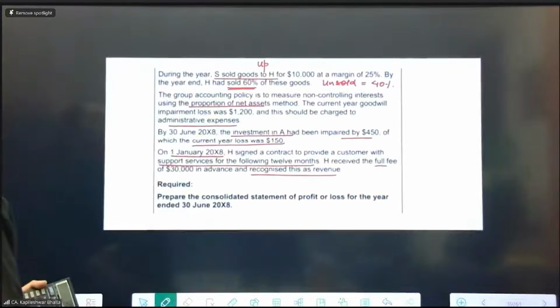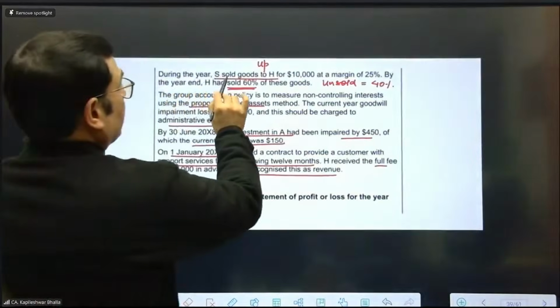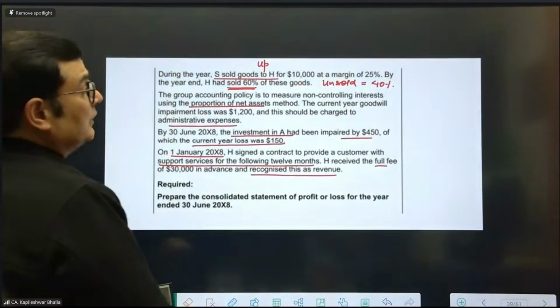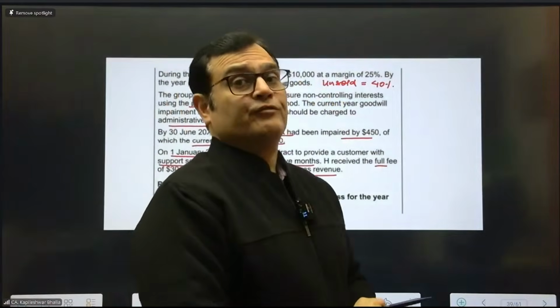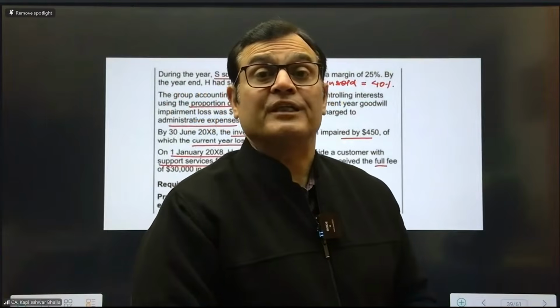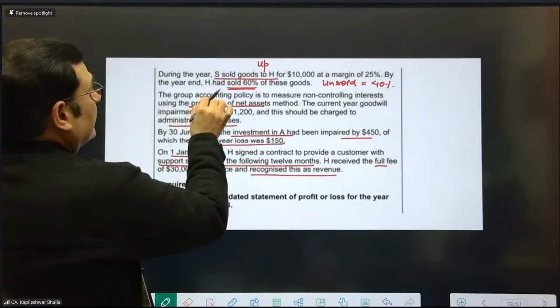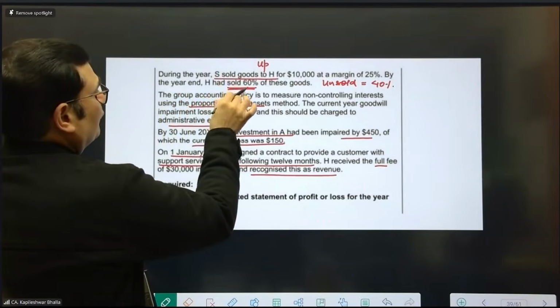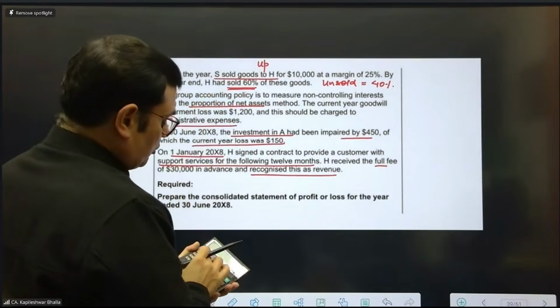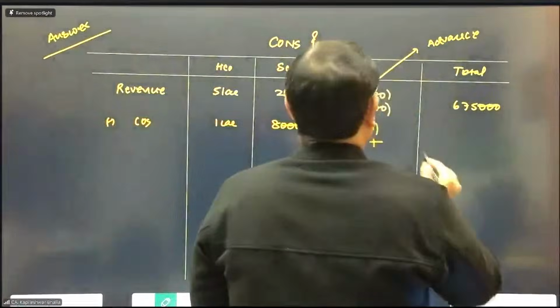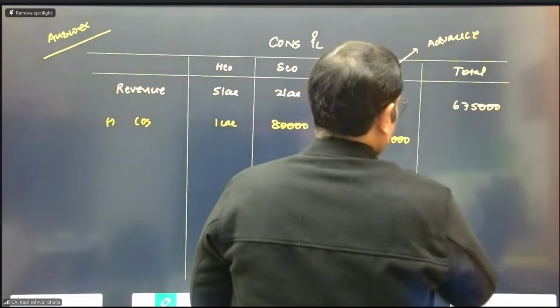Now let's calculate the stock reserve. It says S sold goods for 10,000 at a margin of 25%. So 10,000 at a 25% margin would mean 2,500. And then it says by the year end, H sold 60% of the goods, so only 40% is unsold. So of the 2,500, we take 40%. The stock reserve to be added is 1,000.